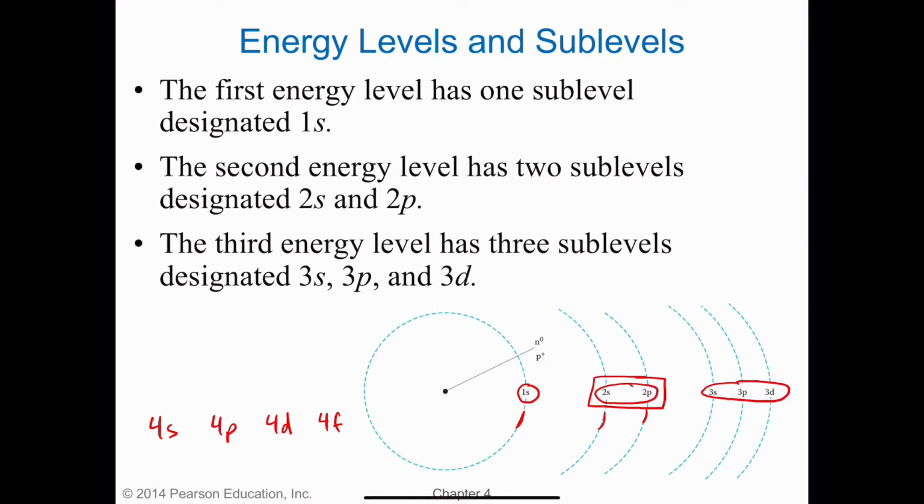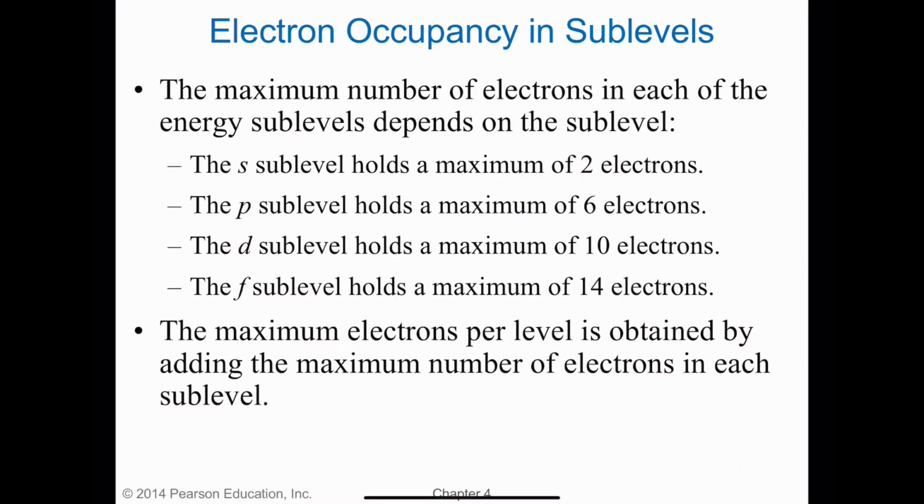And then we talked about how these letters, S sublevels, whether it's 1s, 2s, 3s, and so on, S sublevels can only hold 2 electrons.